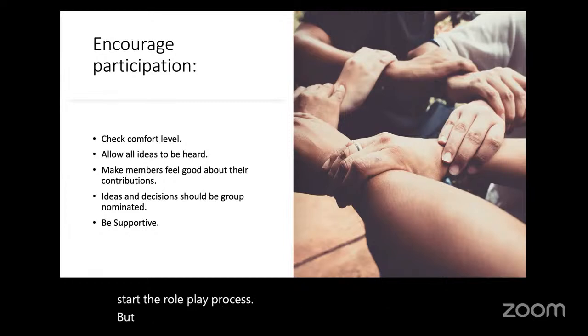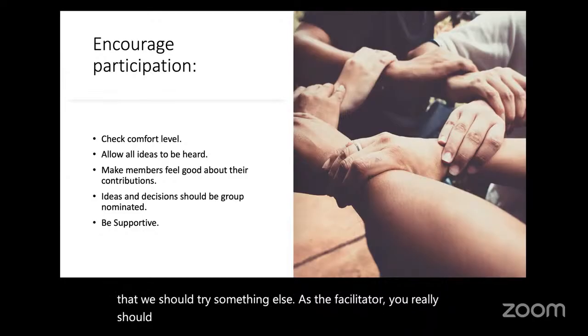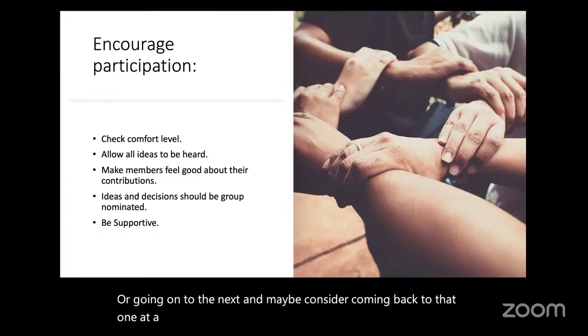But if the majority of the group is like, no, we don't get that, we should try something else, as the facilitator, you really should consider either finding a different way to re-explain that skill, or going on to the next and maybe coming back to that one at a later time.